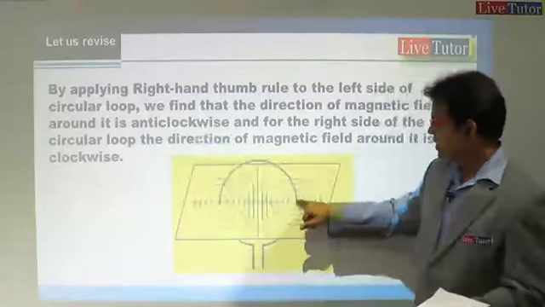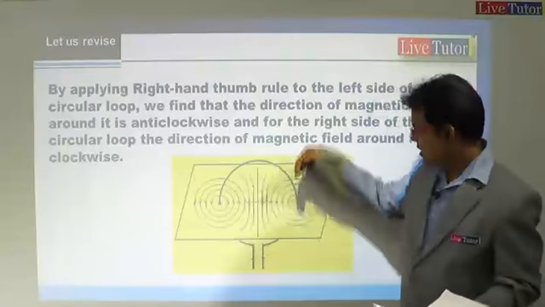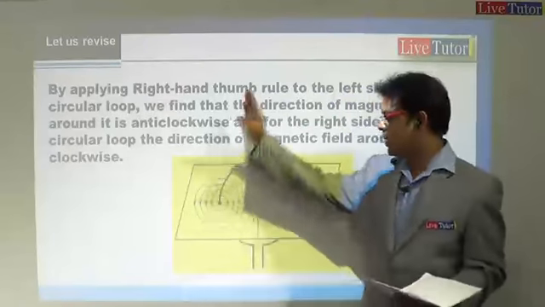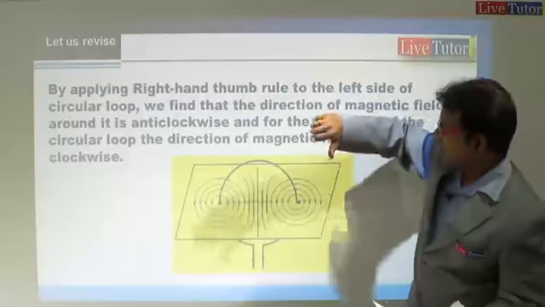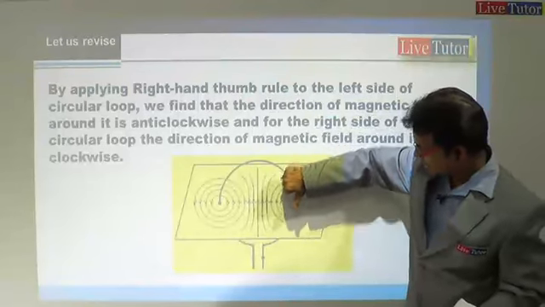And similarly, when it is coming here, the current is flowing downward. That is inside. The current is flowing inward, we say. Here it is outward, here it is inward. When it is inward, you have to keep the thumb of your right hand pointing downward.